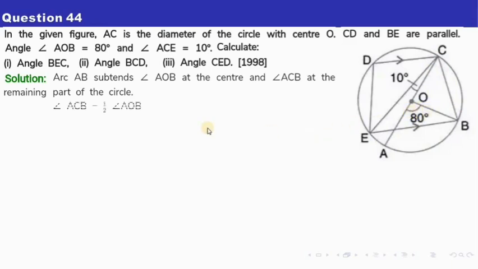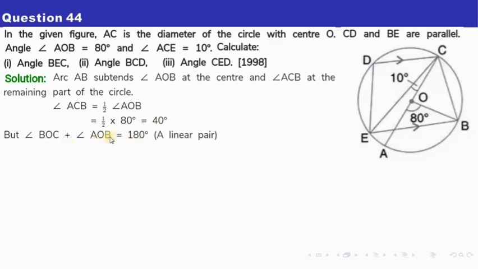So that's what will be written here, all right. So ACB is half of AOB. Okay, now what is AOB actually? AOB is 80 degree, right? So instead of this AOB I am writing 80, and this turns out to be how much? 40 degree. That means this angle ACB is how much? 40 degree, all right.